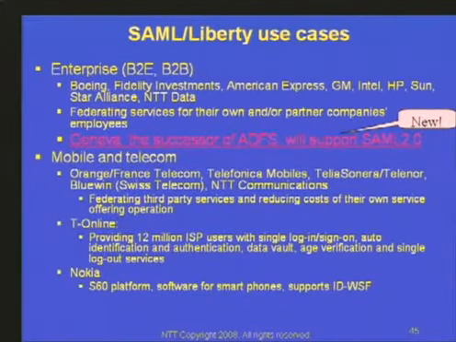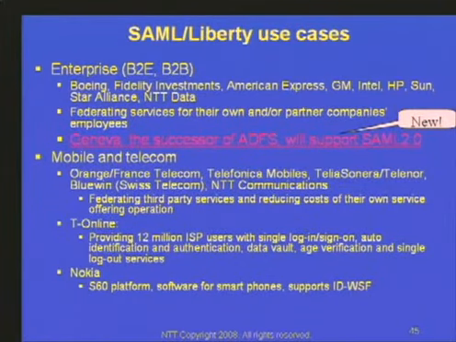And there are some use cases. For instance, SAML is very successful in the enterprise market and mobile and telecom. NTT also provides commercial services using SAML 2.0 for over 20 million users right now.